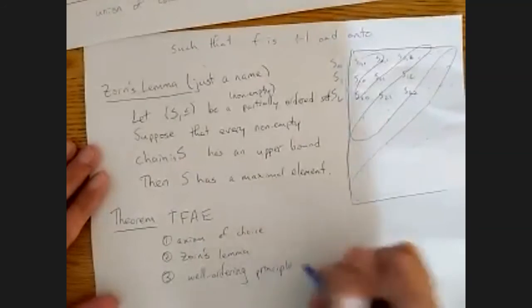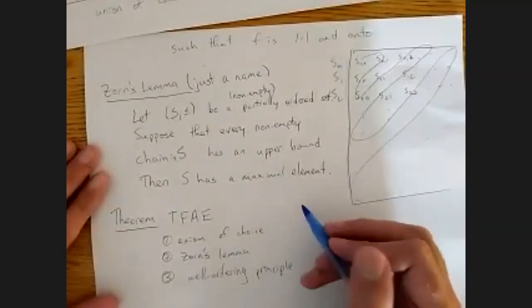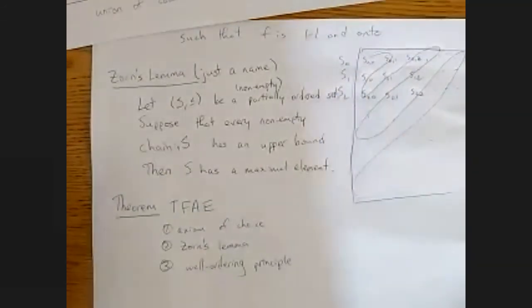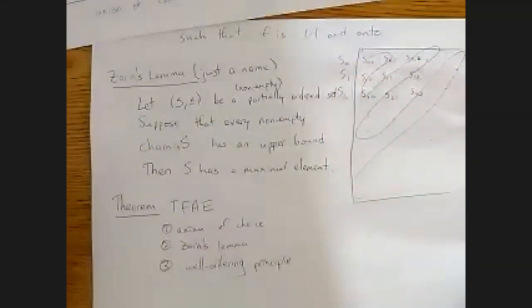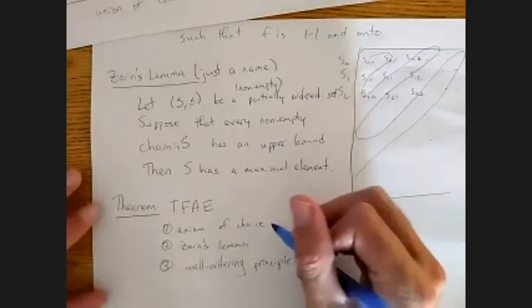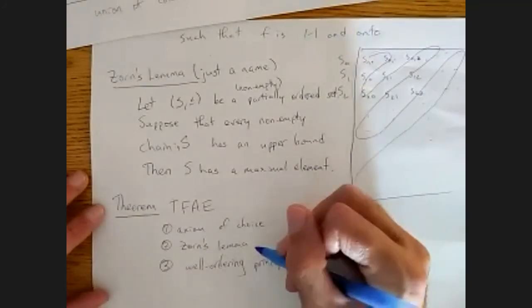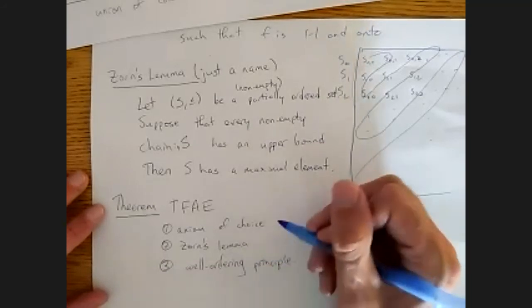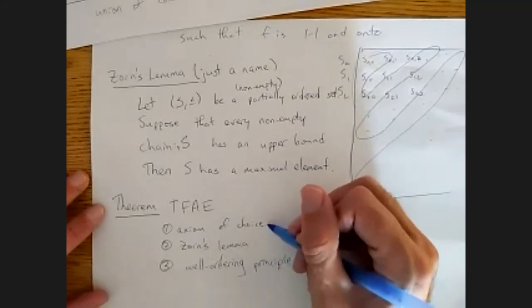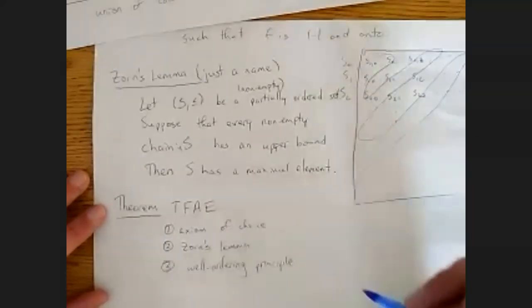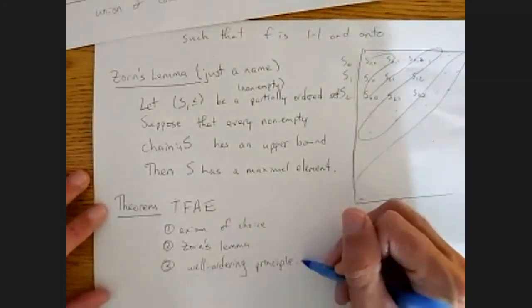And when I say that, I mean fix the other axioms of set theory, don't change those, but take the other axioms of set theory and then assume the axiom of choice, then you can prove Zorn's lemma. Take the other axioms of set theory without the axiom of choice, but assume Zorn's lemma, then you can show that the well-ordering principle holds, that kind of thing.